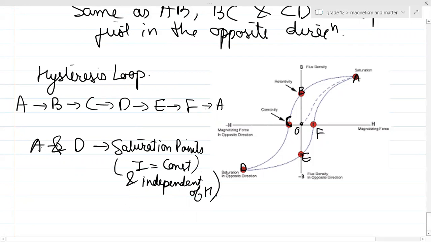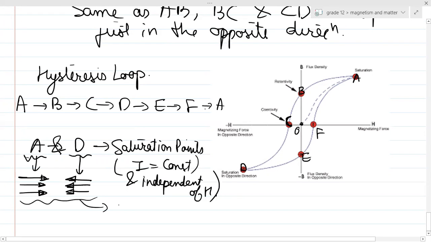Please remember, A was the saturation point when the dipoles are aligned like this, and D is basically the point where the dipoles are aligned like this. At both these points, can you see the direction of dipoles was in different directions? Yes or no?